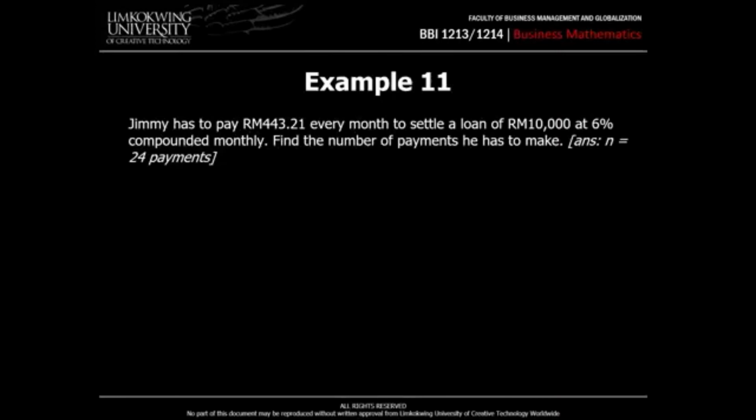Okay. Jimmy has to pay RM443.21 every month to settle a loan of 10,000 at 6% compounded monthly. Find the number of payments that he has to make. So the question wants you to find n. So which formula do we have to use?